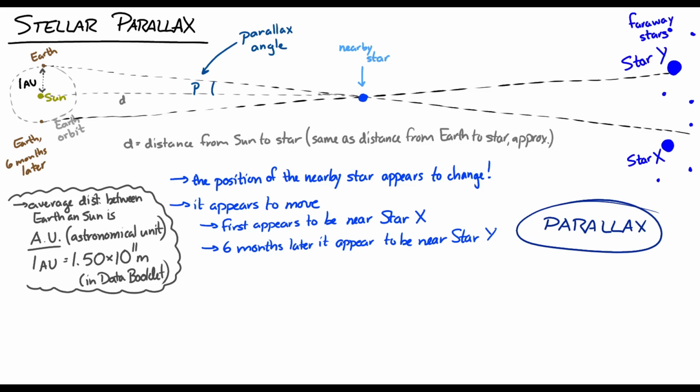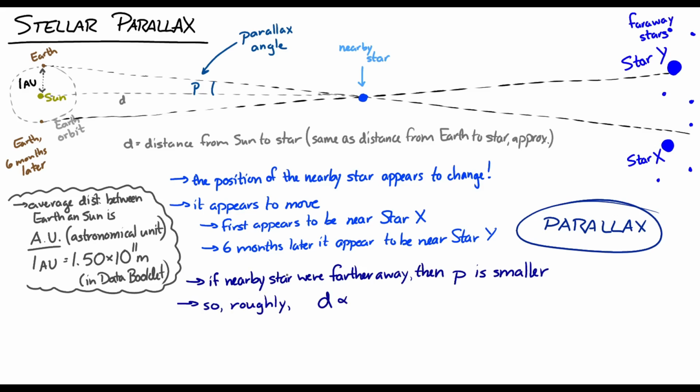Now notice, if I had a greater distance, if the nearby star was further away, the parallax angle would be smaller. So the distance to the star is at least roughly inversely proportional to the parallax angle. Now, if you do the geometry, it's not exactly proportional, but it's pretty darn close.